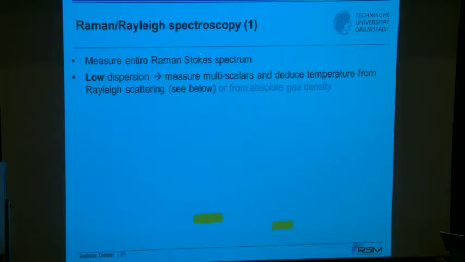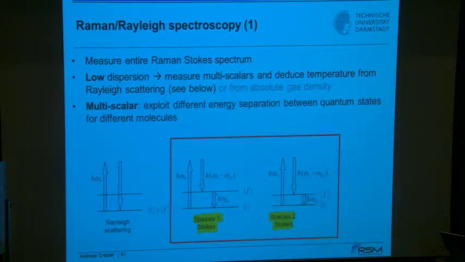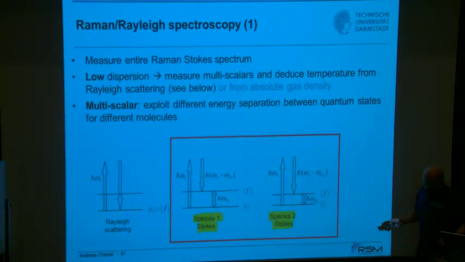And if you measure the Raman spectrum with a rather low dispersion, such that we can't resolve the rotational substructure, then you can get these gas compositions from this multi-scalar measurement, and we'll discuss that in much more detail, and then deduce the temperature in connection with a known gas composition from Raman by the Rayleigh part. And that is shown over here, at least the principle, as I said. Chapter 7 will detail that more.